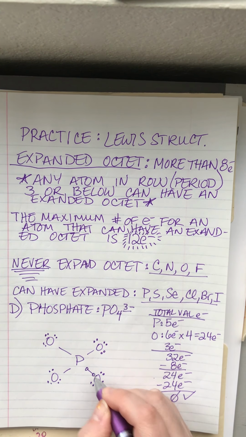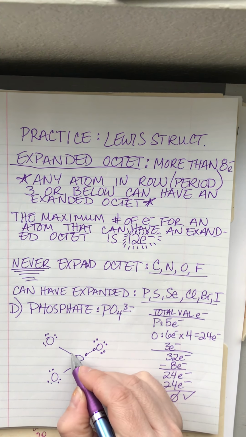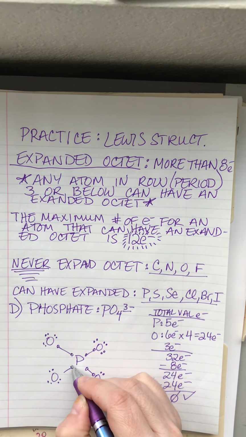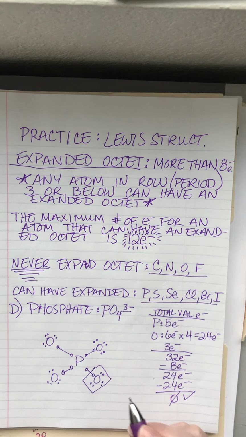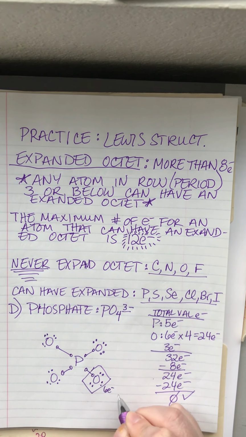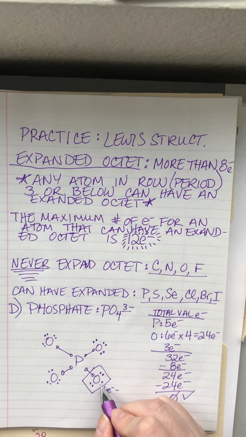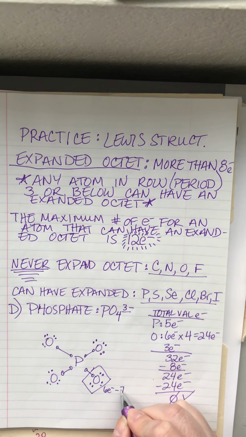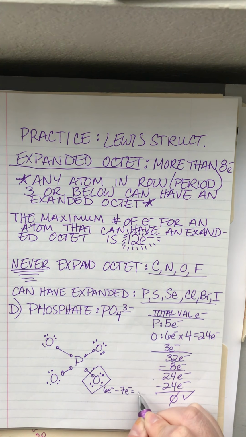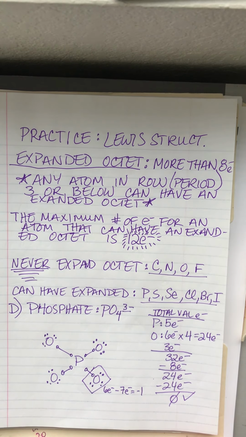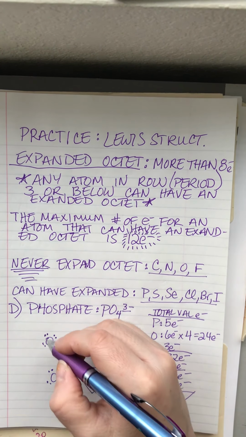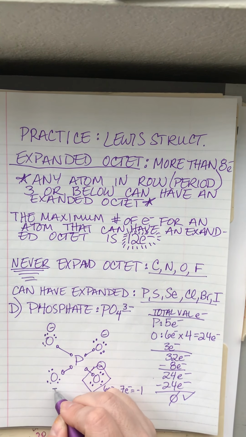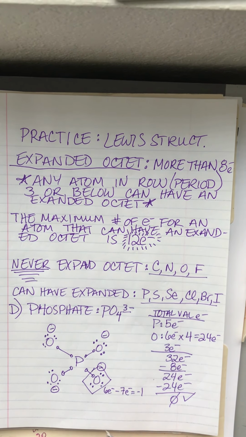So I'm going to draw in my electrons, and I see oxygen came to the table with 6 electrons, and here all of my oxygens have 7 electrons, which means they all have a -1 charge. So I'm going to draw in my -1 charge on all of my oxygens.